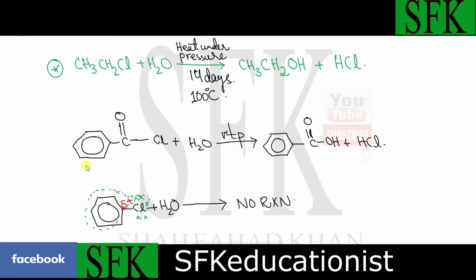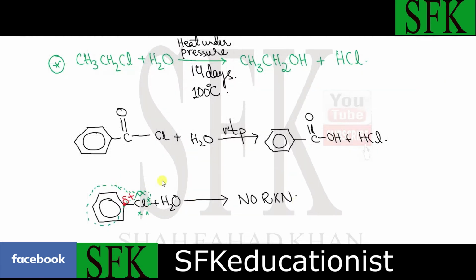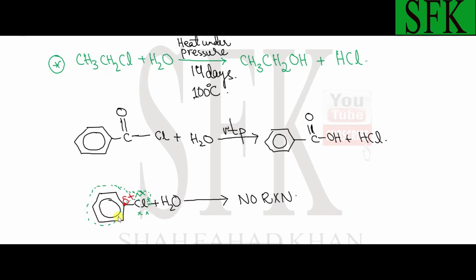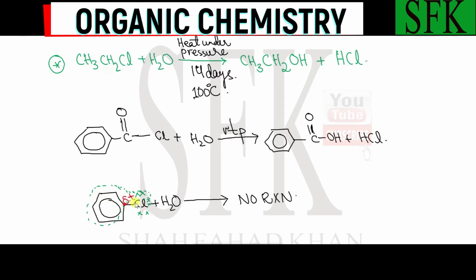So this basically means again that the acyl chloride is very reactive, whereas if we react the water molecule with chlorobenzene, we've done this reaction in the video on chlorobenzene. No reaction occurs, and we've discussed the reason why it doesn't occur: the extended delocalized pi system of the chlorobenzene basically shields the positively charged carbon atom.